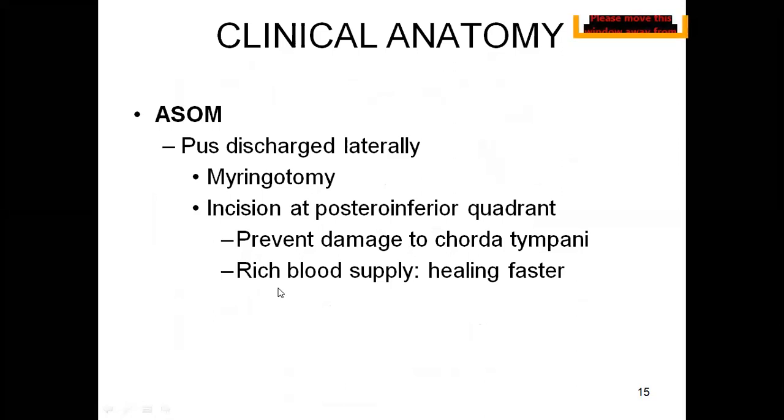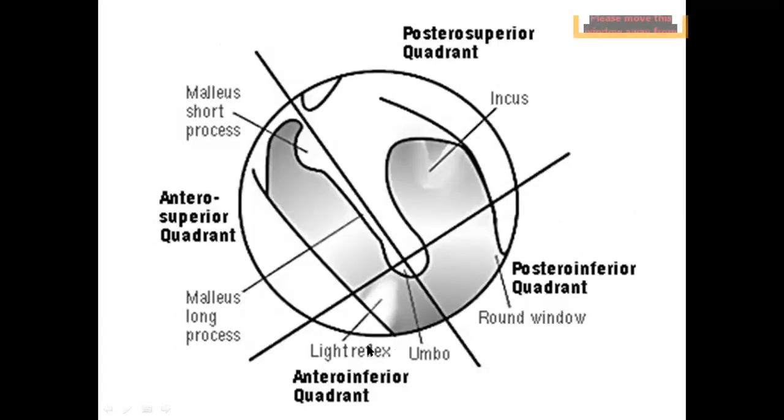So there is a clinical condition which is acute suppurative otitis media. Basically, otitis media is the infection in the middle ear. In order to drain the pus from the middle ear, we usually give an incision in the tympanic membrane, which is myringotomy, hence pus is discharged laterally. So the incision is at the posterior inferior quadrant.